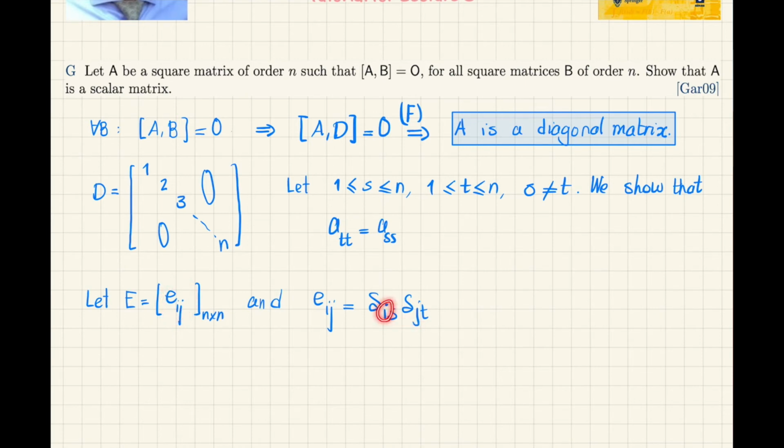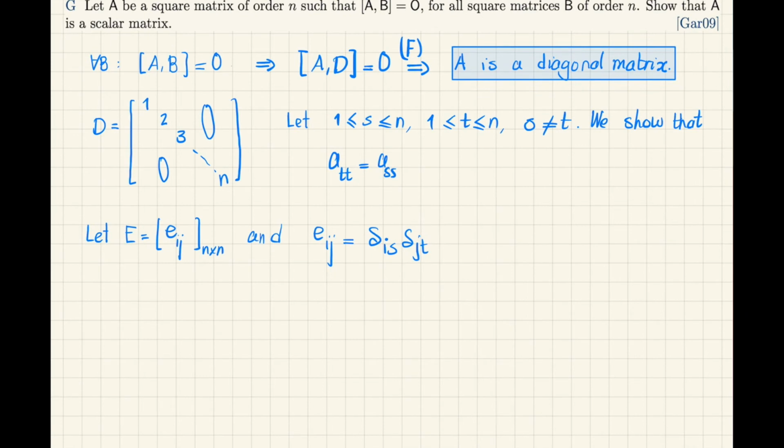This s is the s that I fixed there, and this t is the number that I have already fixed. Anyway, this is an n by n matrix. Again, I know that my matrix A commutes with every n by n matrix, including this new matrix. So A and E commute, which means that AE is equal to EA.